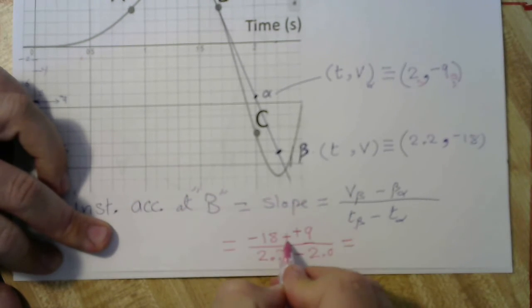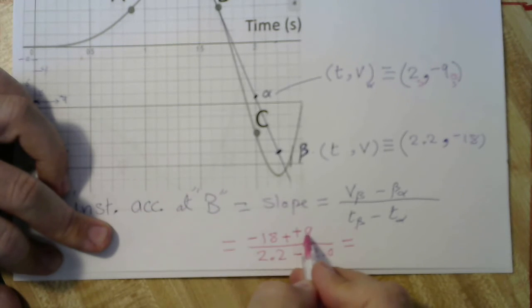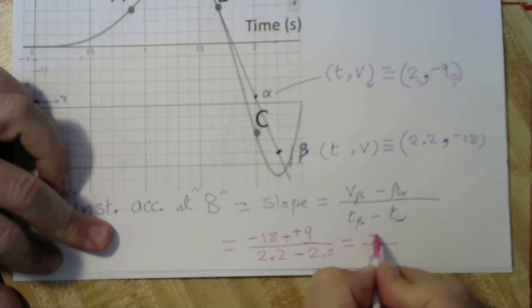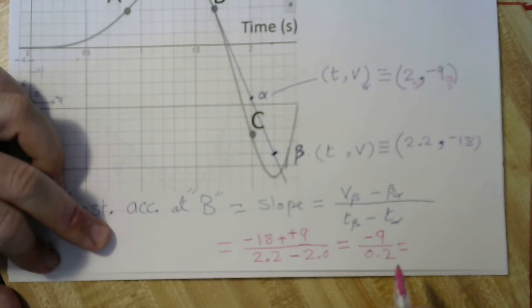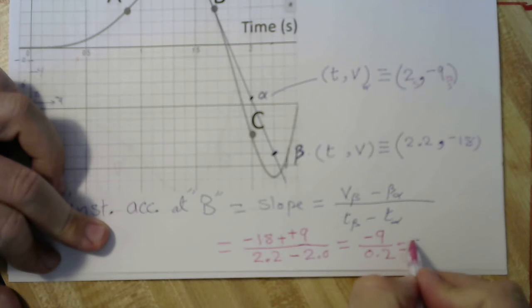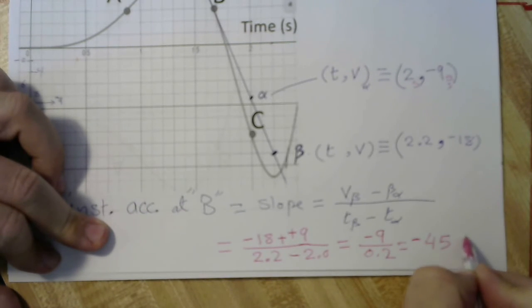This negative with this negative will be positive. I have negative 18, positive 9. The result is negative 9 divided by 0.2, which is equal to negative 45 meters per squared second.